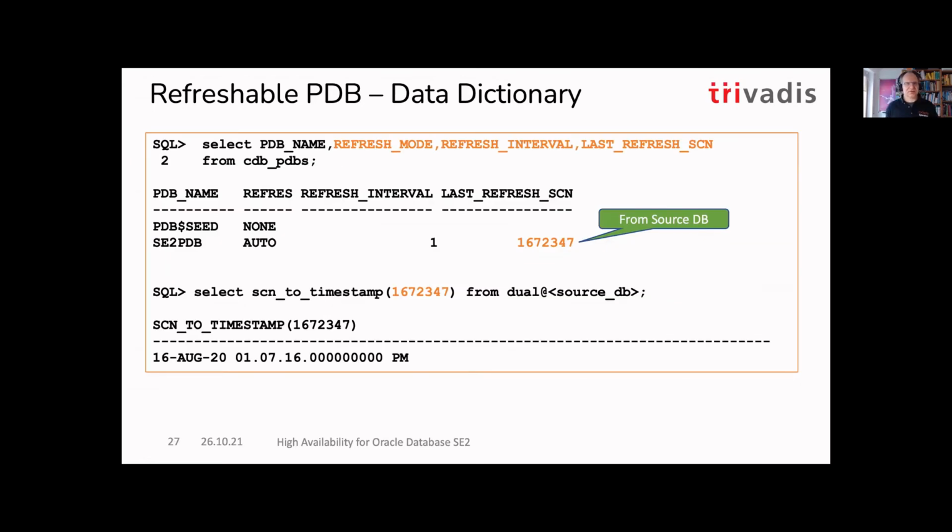Okay, you can see the refresh mode, the refresh interval and the last refresh from the CDB.PDBs view, and you have to check the timestamp on the source database with the SCN so that you know the time when the database was refreshed for the last time.